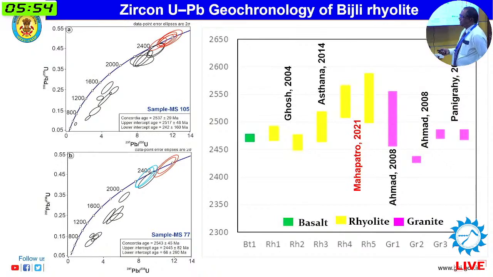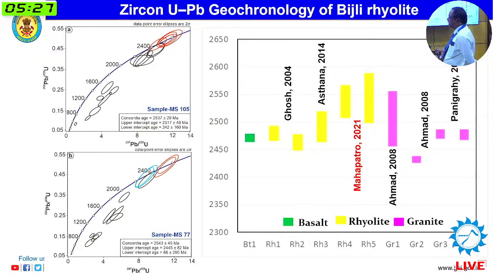Now, comparing with the available dates, the area we have studied is the central part of the Kotri-Dongargarh belt, where the volcanics are wider in presence, and we got an age that is slightly older than the previous ones.